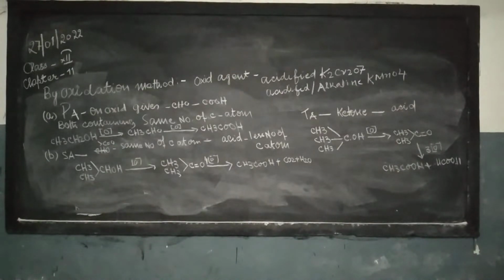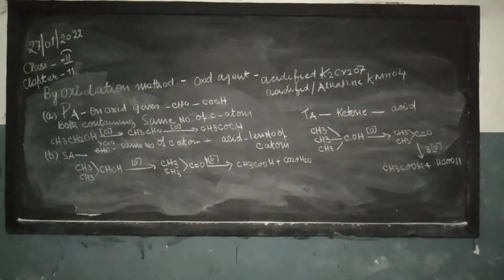Now, in case of secondary alcohol, on oxidation, first it gives ketone, containing the same number of carbon atoms as in the secondary alcohol. Ketone on further oxidation gives acid, which contains less number of carbon atoms than in the original alcohol.